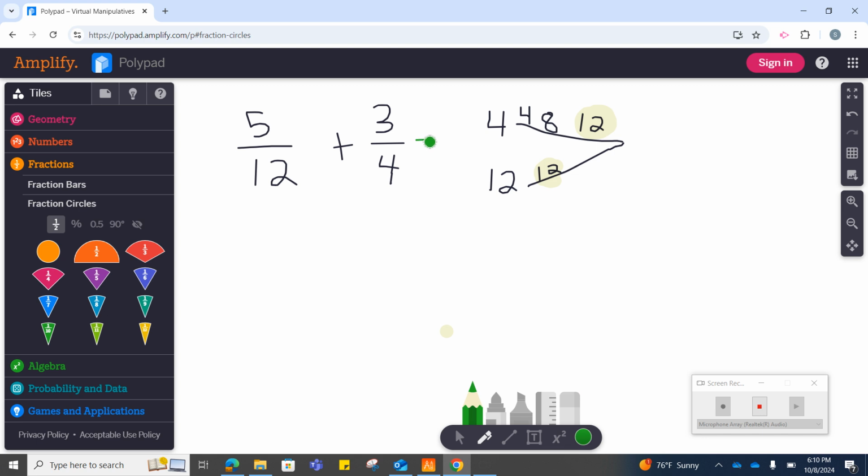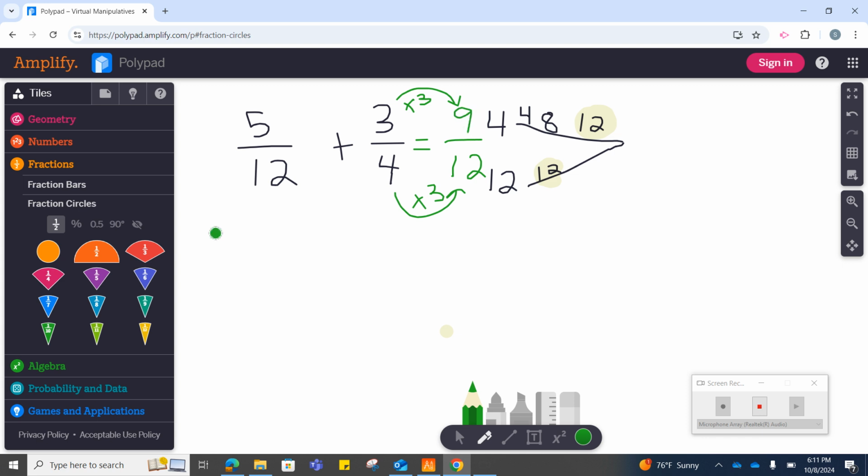to some number of 12ths. So how am I going to do that? 4 times 3 is what's going to get me to 12. Which means 3 times 3 is 9. So let's look at how that looks if we model it.